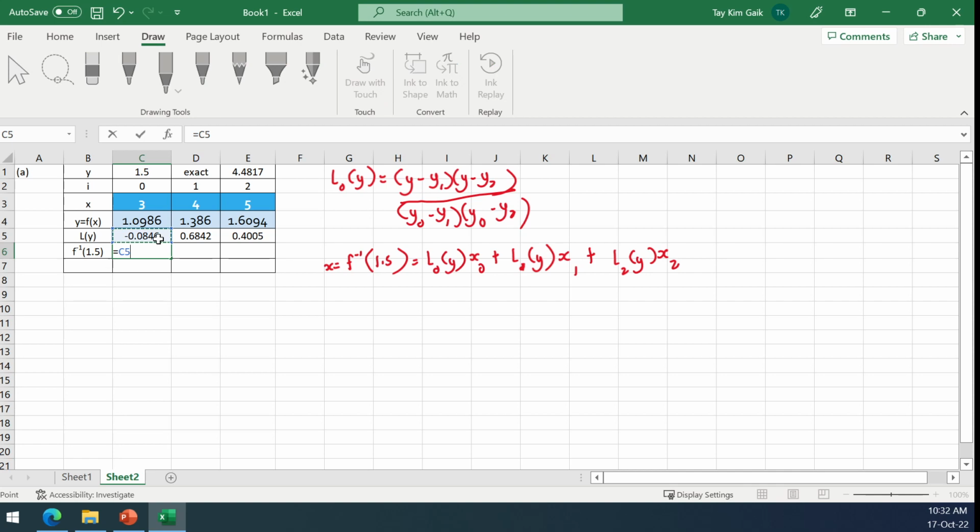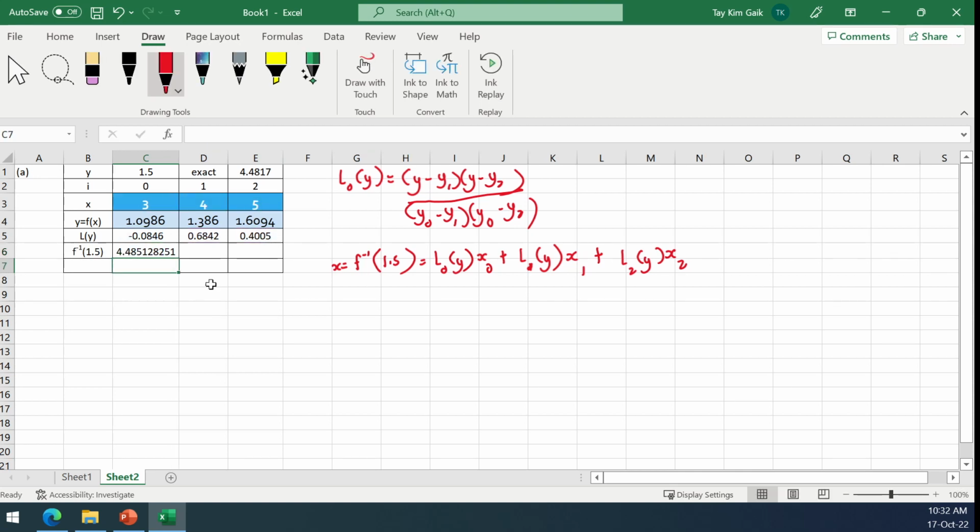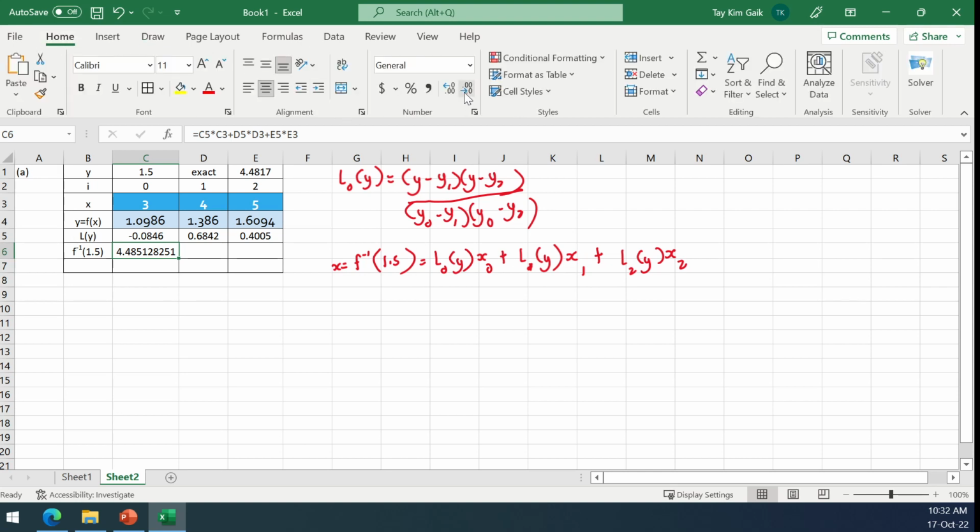So L naught times x naught plus L1 times x1 plus L2 times x2. So this is the answer using inverse interpolation: 4.4851. Then the absolute error.